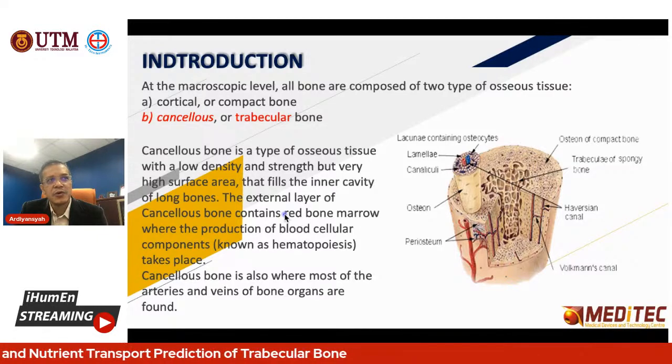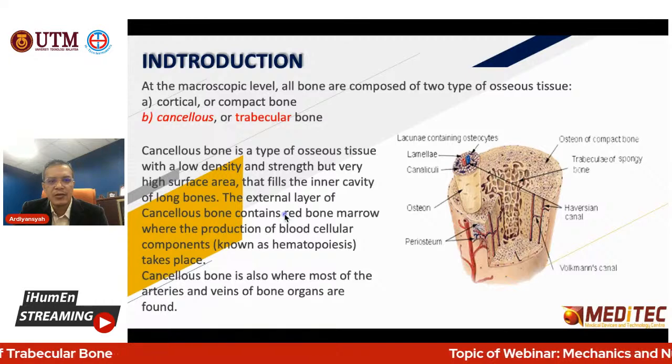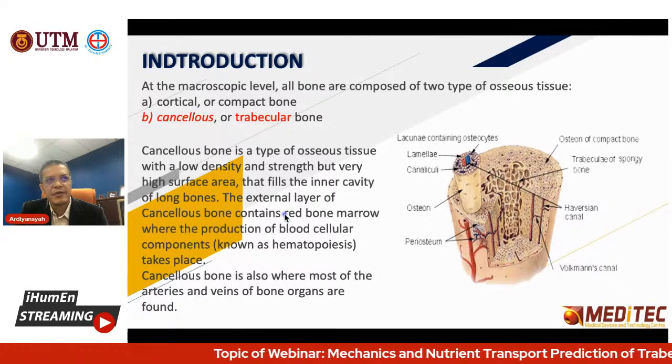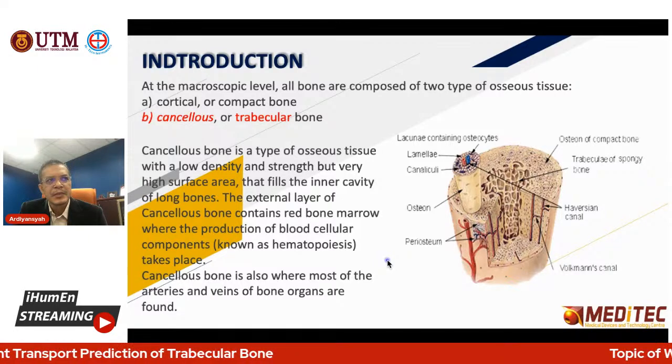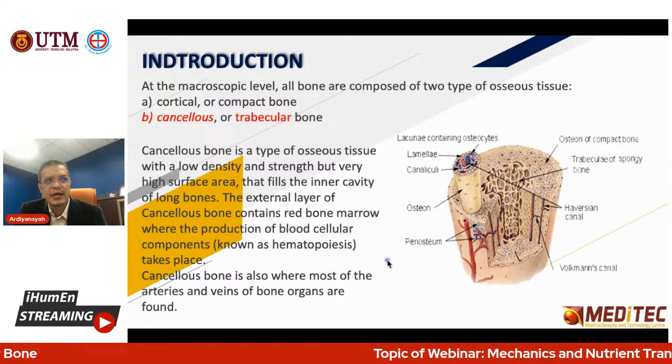Cancellous bone is a type of osseous tissue with low density and strength but very high surface area that fills the inner cavity of the long bones. In the external layer, cancellous bone contains the red bone marrow, where the production of blood cellular components known as hematopoiesis takes place.